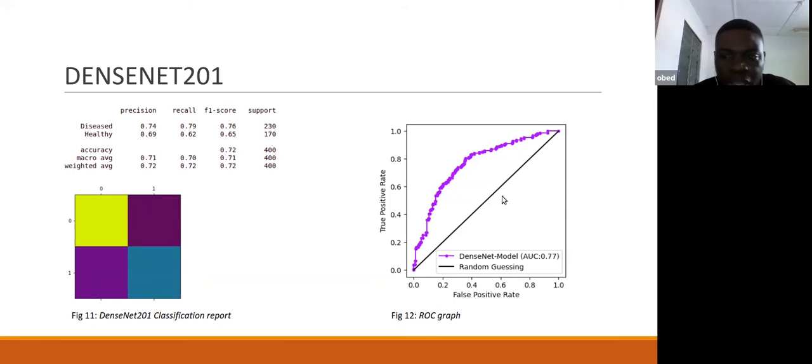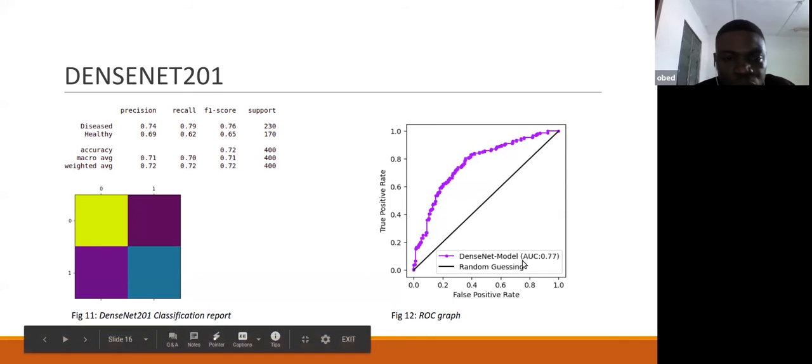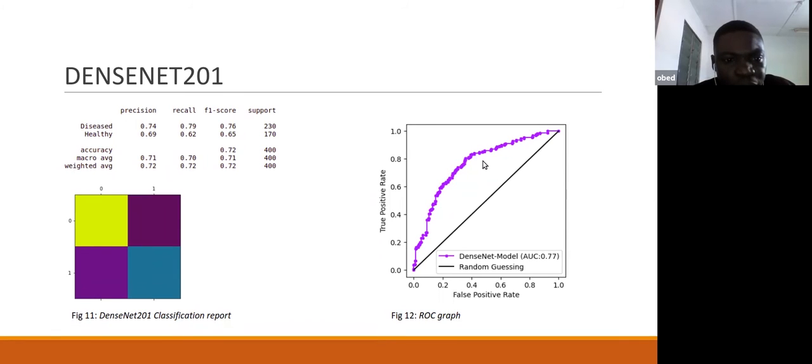Just either say, oh, okay, so this is diseased, this is healthy, just guessing randomly. But with my model, I had a 0.77 AUC. And I think, well, yeah, compared to random guessing, that is doing some good job there, well, at least on a low-powered computer.